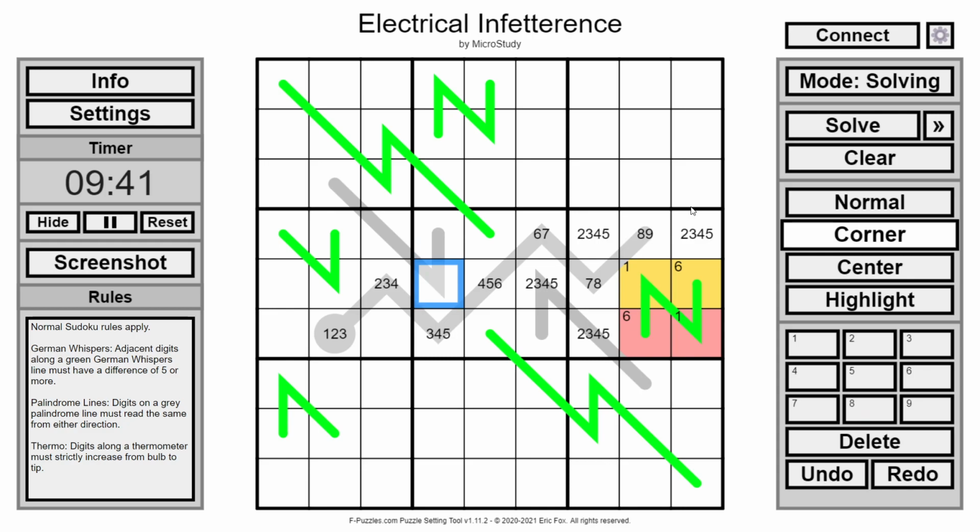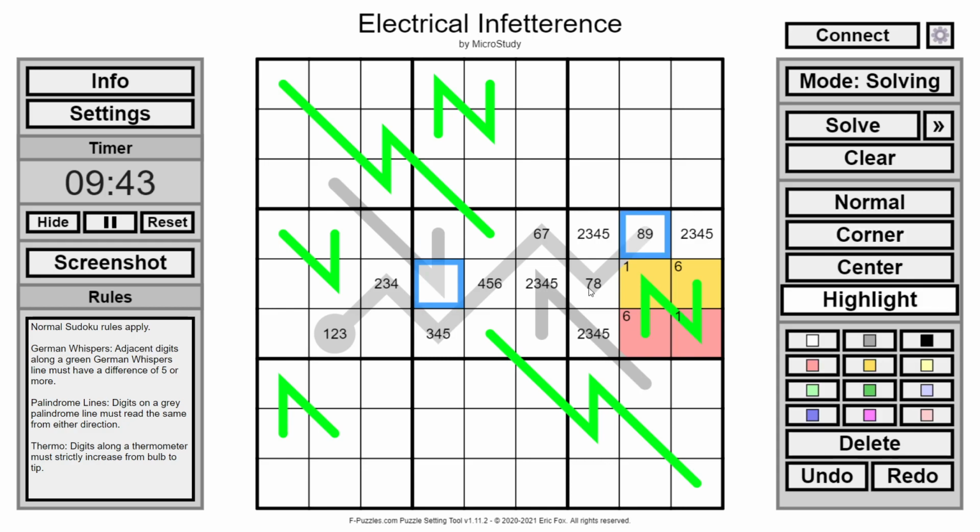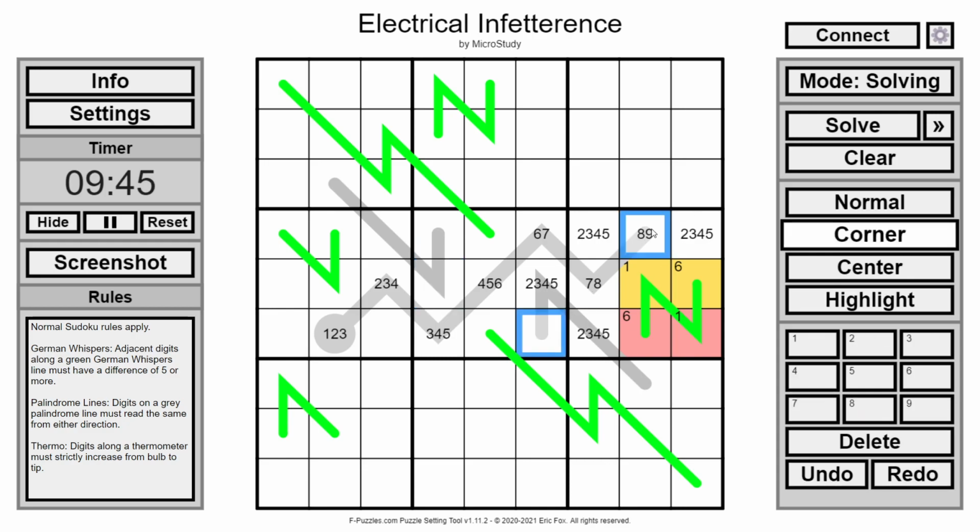If we put a 9 here, that means this isn't a 9. And if we put a 9 here, that means this isn't a 9. Because if this is a 9, it directly sees it. If this is a 9, it goes here along the palindrome and sees that, and likewise, this goes along the palindrome and sees that. But that still leaves these two spots. Now this, of course, sees it, but this could be a 9 and not see it. So we've almost restricted it.